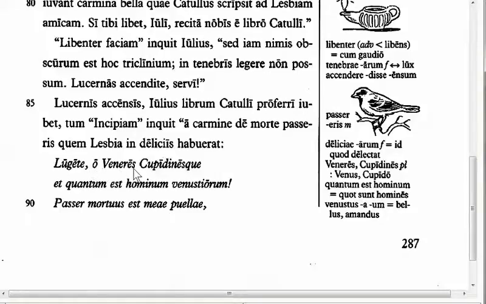Notice in the next line, you have quantum est. The same rule applies for um or m ending nouns. The m with a vowel before it will also elide, but the rule is here, when it's followed by est, that the E is what elides.